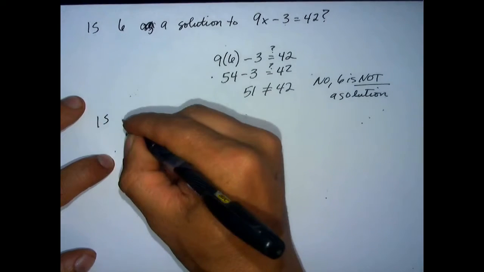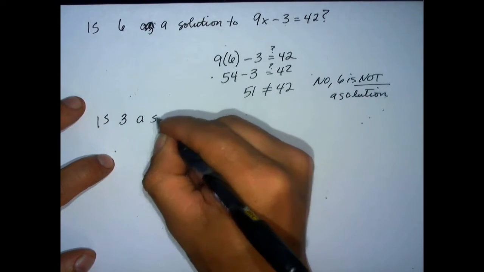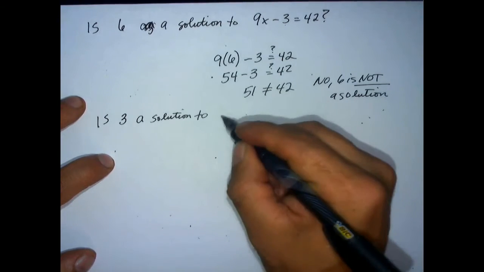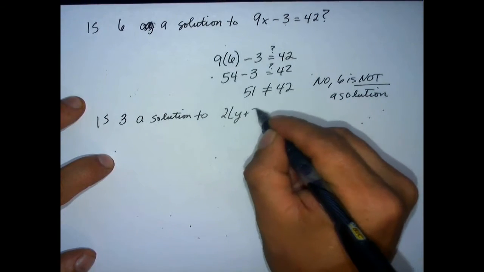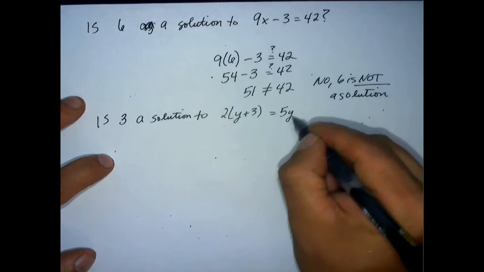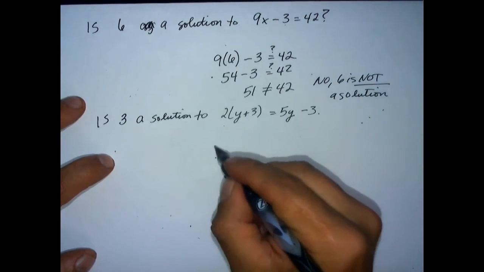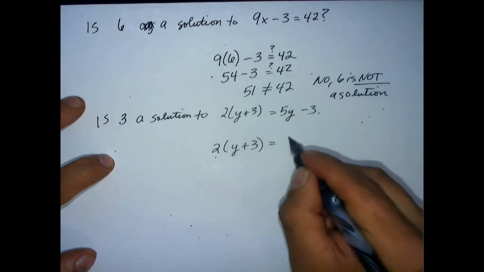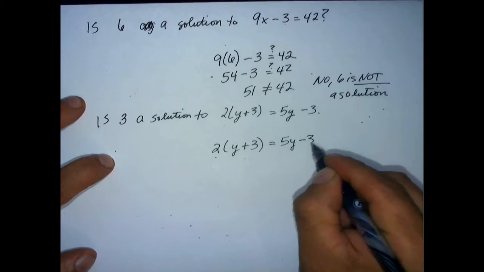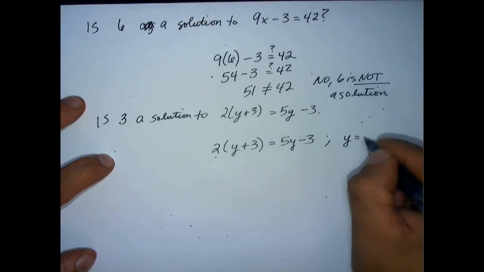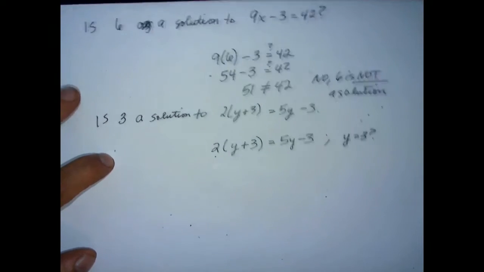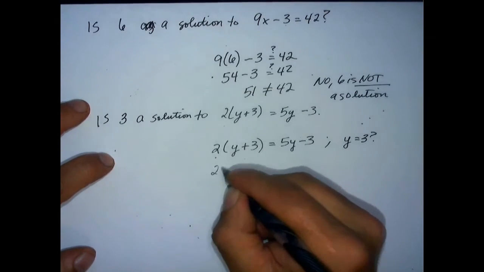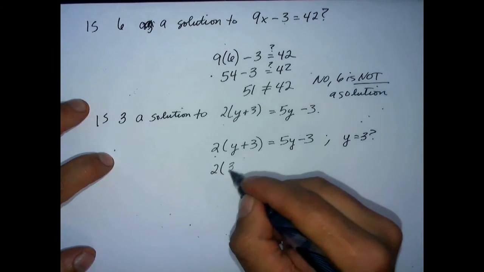Is 3 a solution to 2 times y plus 3 is equal to 5y minus 3? So we have 2 times y plus 3 is equal to 5y minus 3. And we want to know is y equals 3. So we're going to substitute, just like we've done so far. 2 times y is 3, so we'll have 3 plus 3.